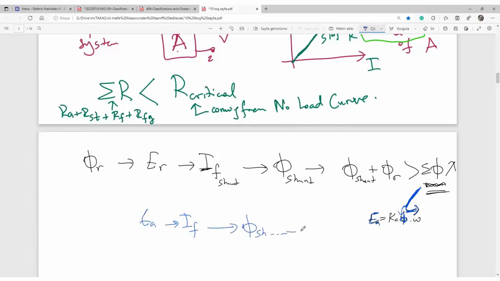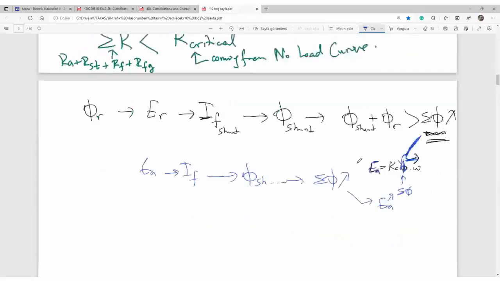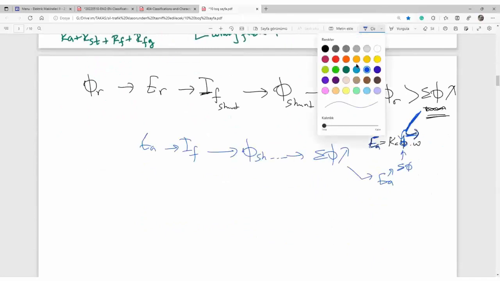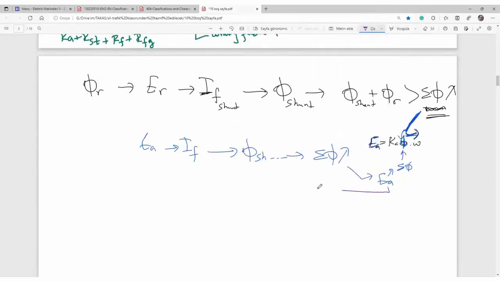Such a shunt field will increase the total pole field. Again, increased total flux will result in much more EMF. And then that increased EMF causes much more field current.